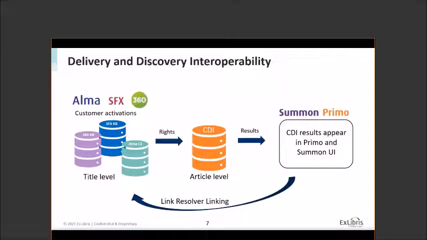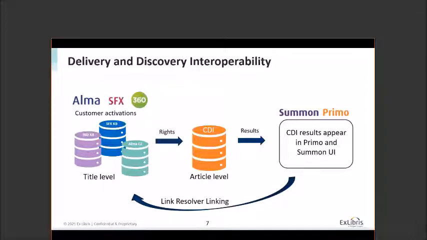Going back just for a minute, at the bottom you can see the arrow with the link resolver linking, and just to mention here that the KBs are also functioning as link resolvers. This comes into play in the end, after the users have found what they want and they're clicking.